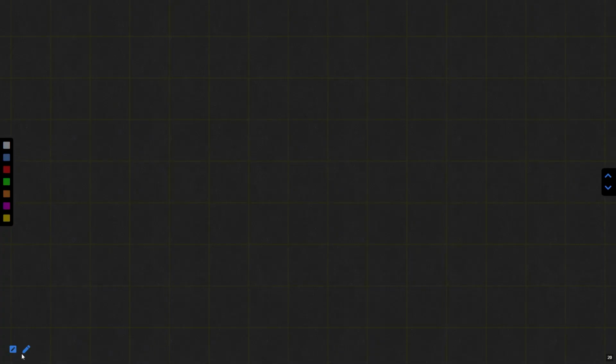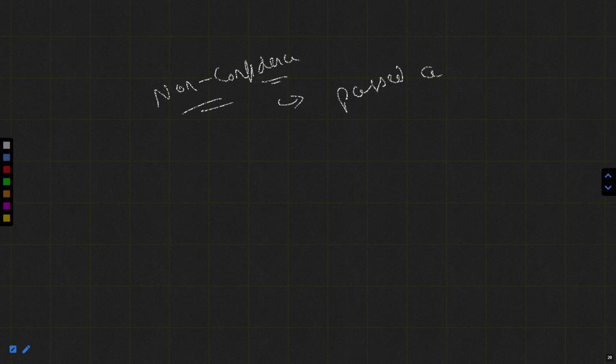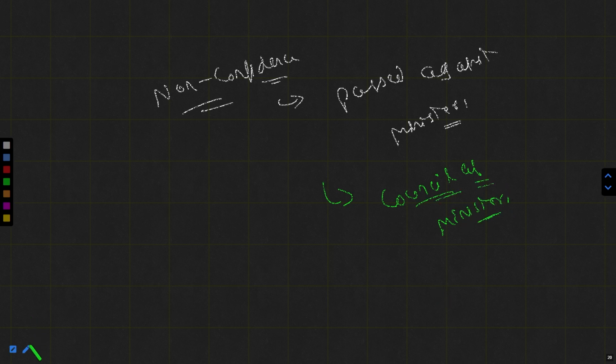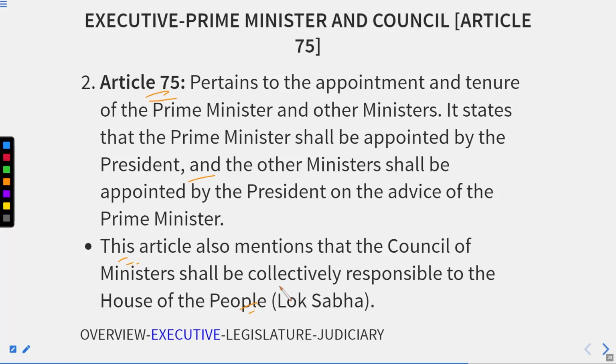Okay, it means that when a no confidence motion is passed against ministers, then this will be passed against the entire Council of Ministers. Okay, so that's why they are not individually but collectively responsible to the Lok Sabha. They have to give the justification of their actions and their decisions behind it to the Lok Sabha.